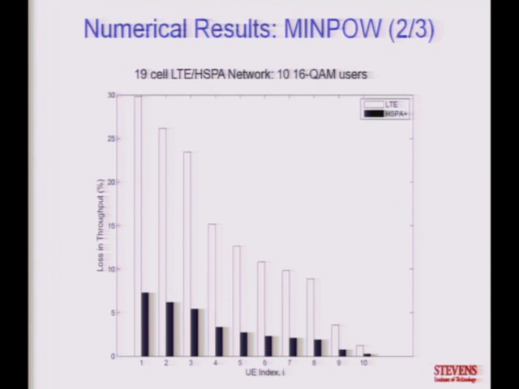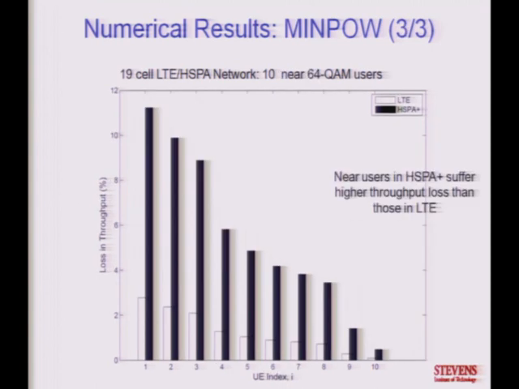And then we took intermediate users, which are like the 16 QAM users. For the near users, the HSPA users suffer more. So it's just based on the actual spacing of the frequencies and how they are correlated. It has nothing to do with the design of an LTE or HSPA system.